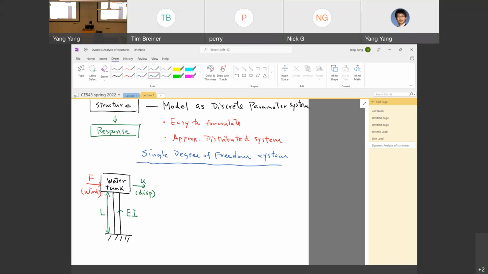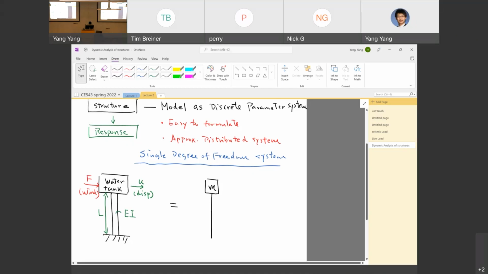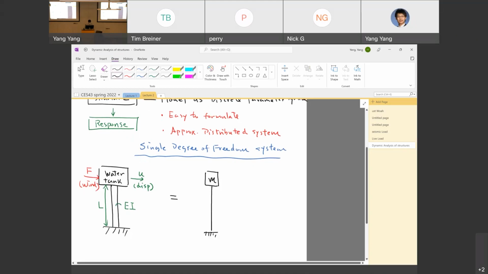So that means we can simplify this to a dynamic model. We have a mass on top, and we have a column here. We should be able to find out the relationship between the force and the displacement.